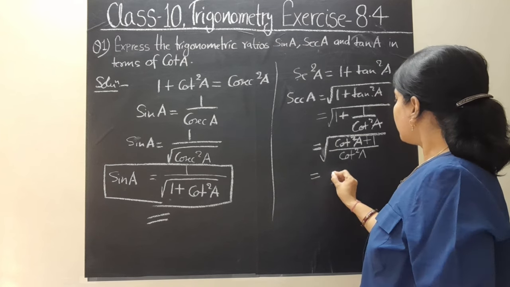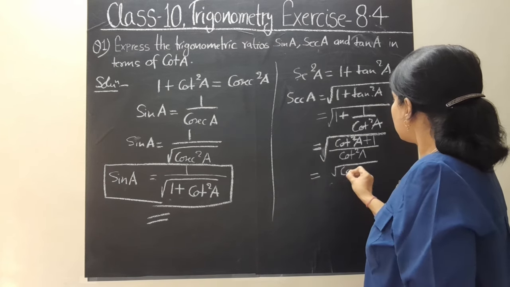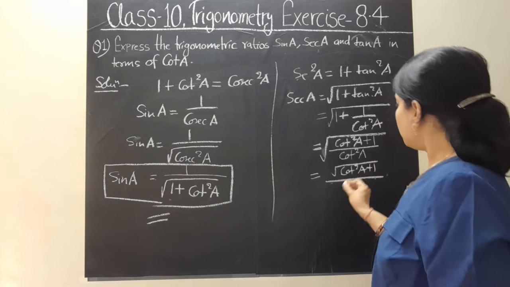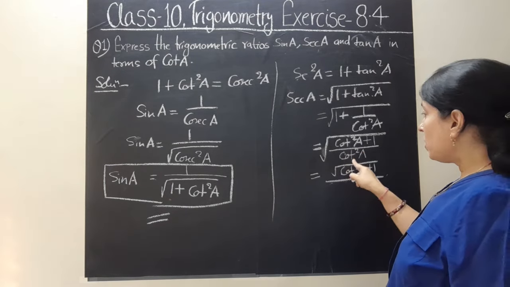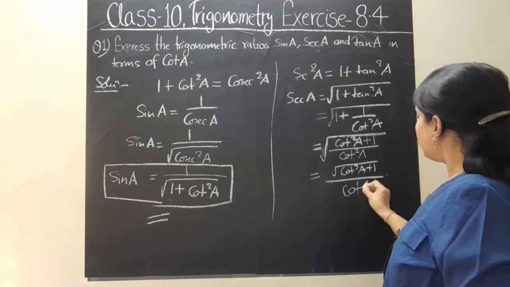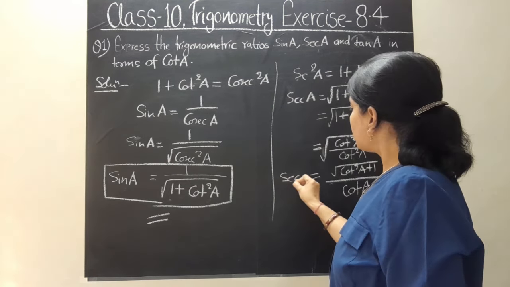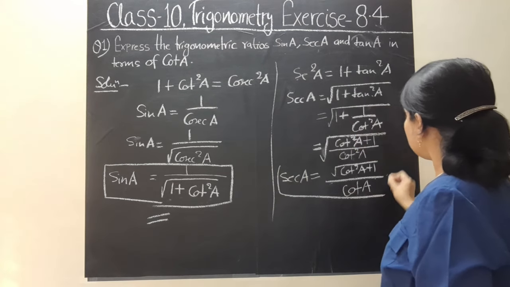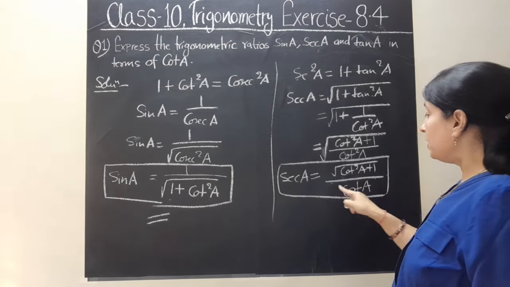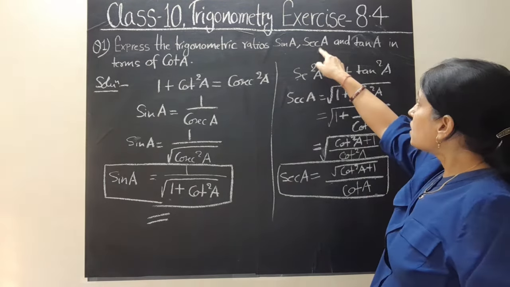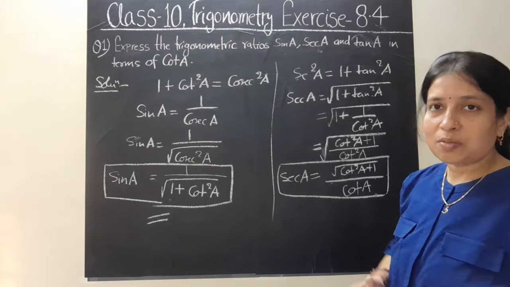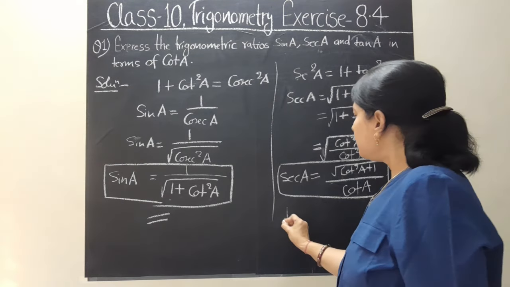So finally we can write square root of cot square A plus 1, divided by the square root of cot square A, which is only cot A. So sec A will be equal to square root of 1 plus cot square A divided by cot A. This one is sec A in terms of cot A. Third one is express tan A in terms of cot A. It is very simple.